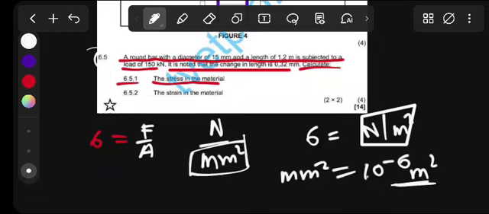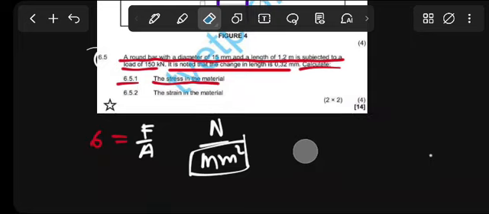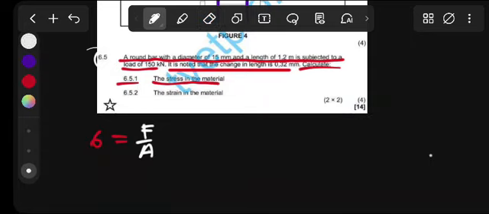You must know that. So I'm just highlighting things you're supposed to know in case the question appears like that.